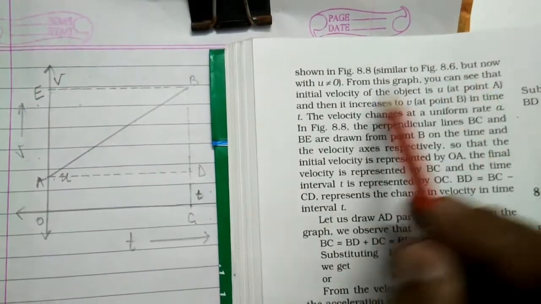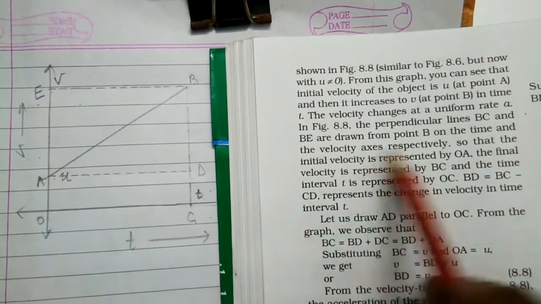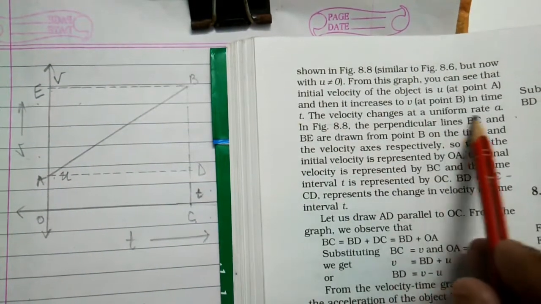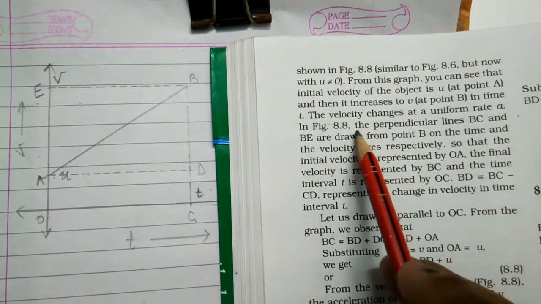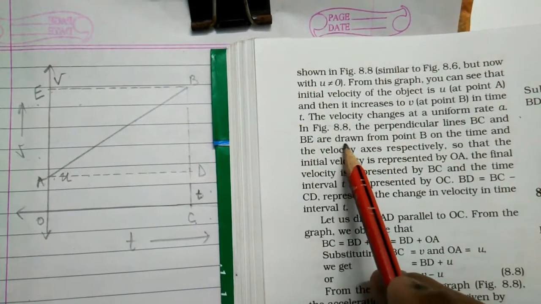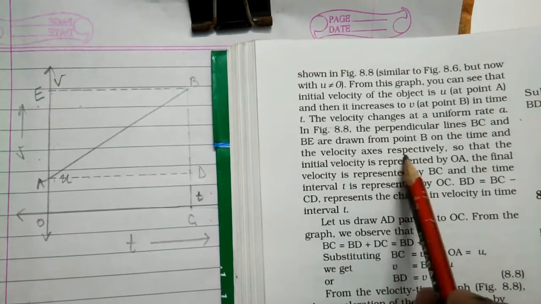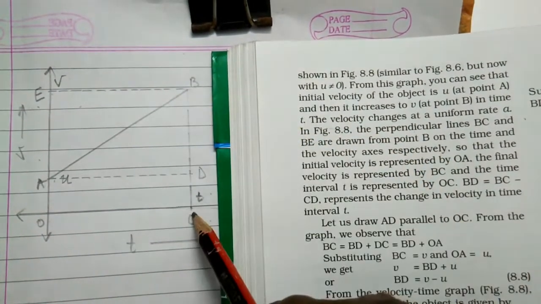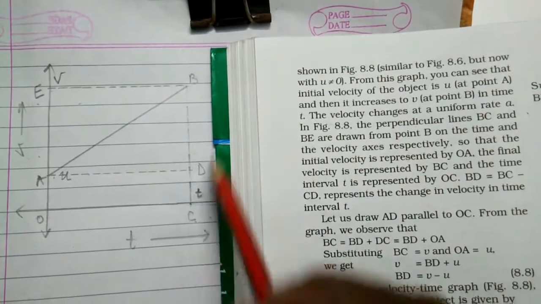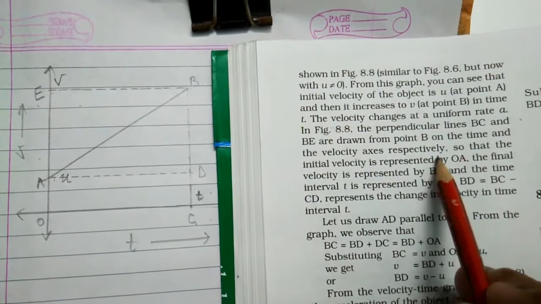From this graph you can see that the initial velocity of the object is u. The velocity changes at a uniform rate a. The perpendicular lines BC and BE are drawn from B on the time and the velocity axis respectively. This is the time axis, perpendicular to the time axis and perpendicular to the velocity axis.